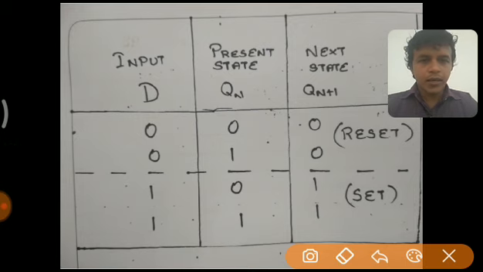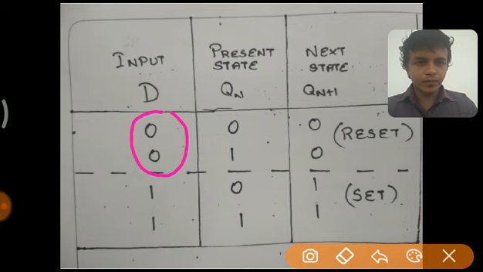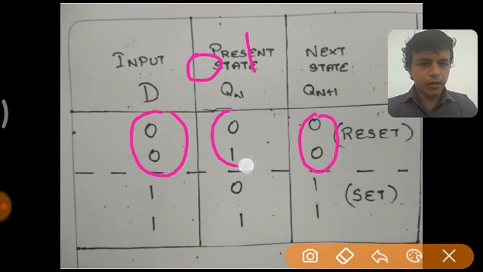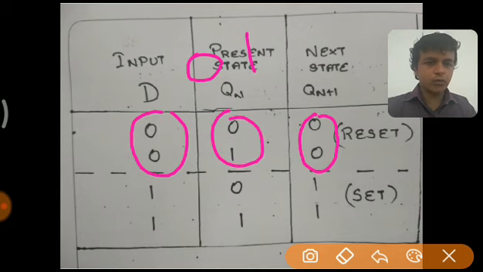Now D is 0. Comparing this to the SR flip-flop, S is taking 0 and R is taking 1, which means we are pressing the reset switch, resetting the flip-flop to 0. Whatever the previous value could be, it doesn't worry about the previous state Q of n, and it produces the output 0.